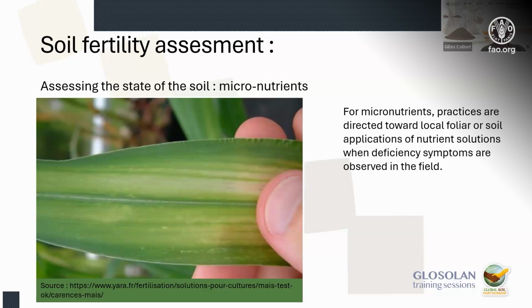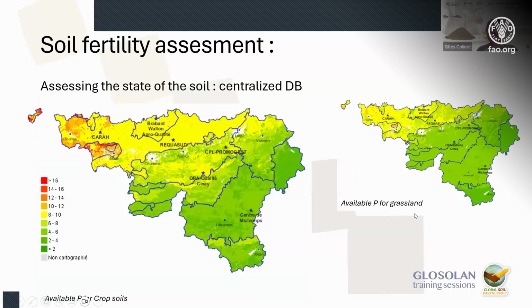Usually, you correct the deficiencies by applying locally. Usually, it's foliar applications of micronutrients such as zinc or iron. But as all has a cost, you should not waste your money if you don't need to put micronutrients in the soil.